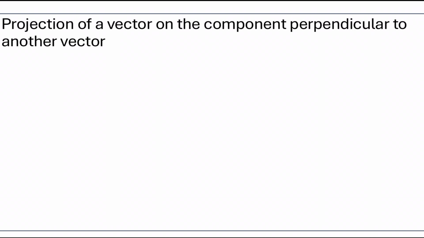If we begin with the projection of a vector on the component perpendicular to another vector, what we should first begin by doing is understanding what this is all about and what this is asking for.